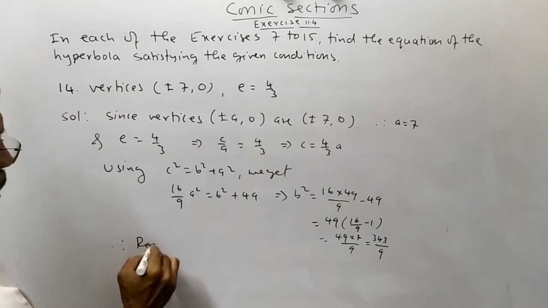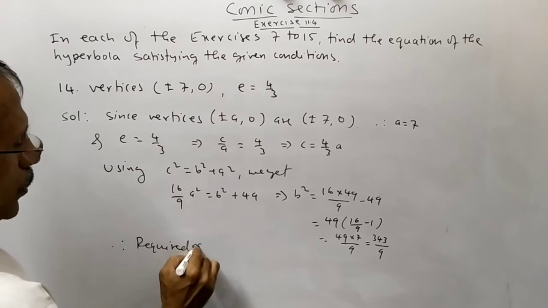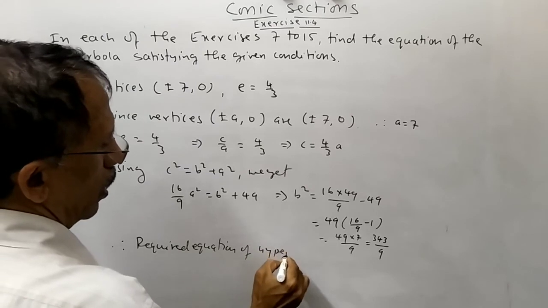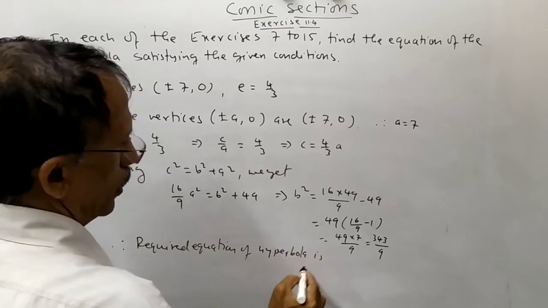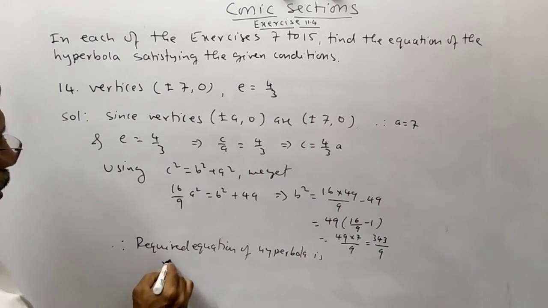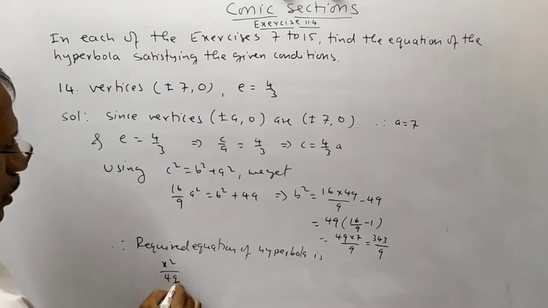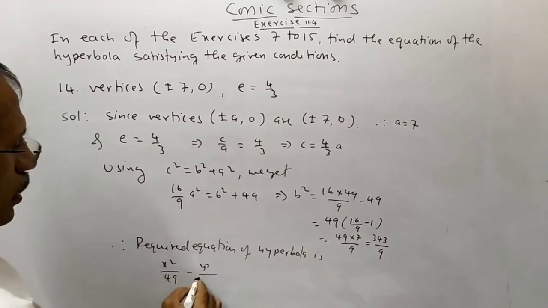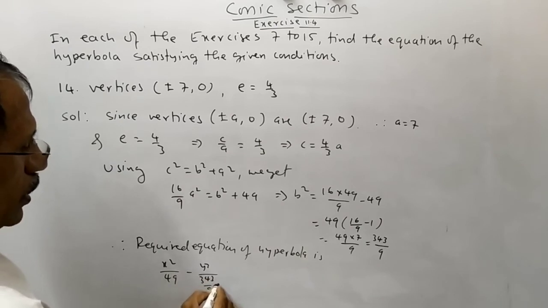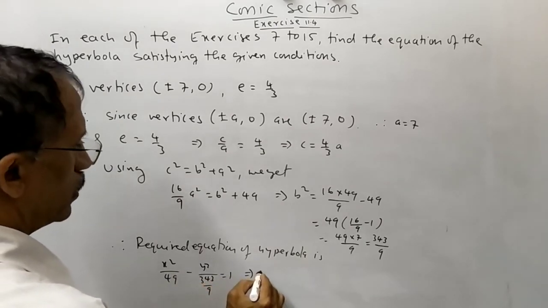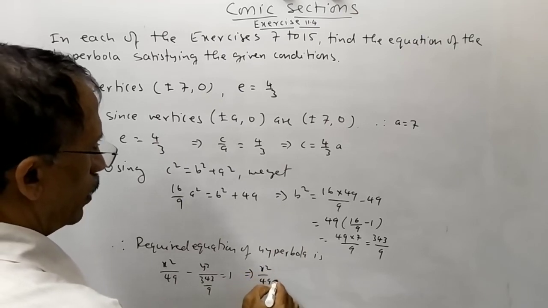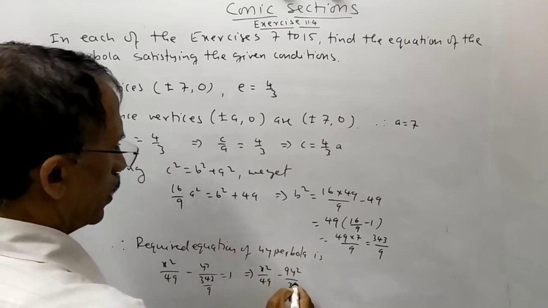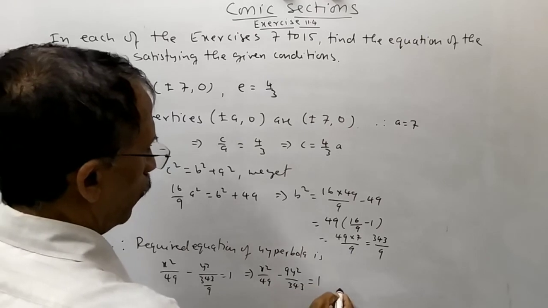Therefore, the required equation of the hyperbola is x square divided by 49 minus y square divided by 343 by 9 is equal to 1, which implies x square by 49 minus 9 into y square divided by 343 is equal to 1.